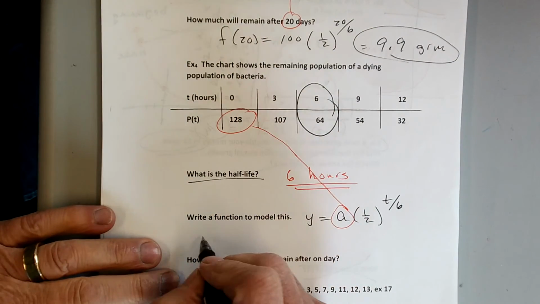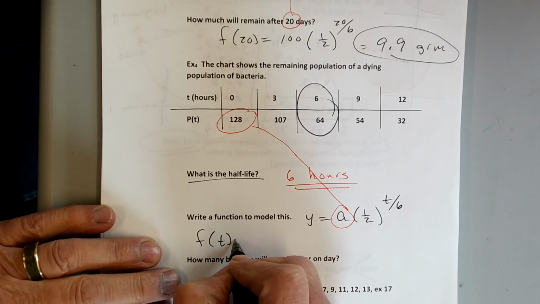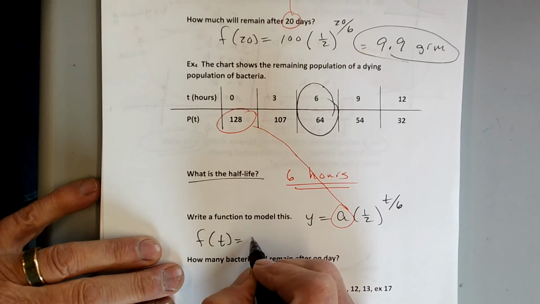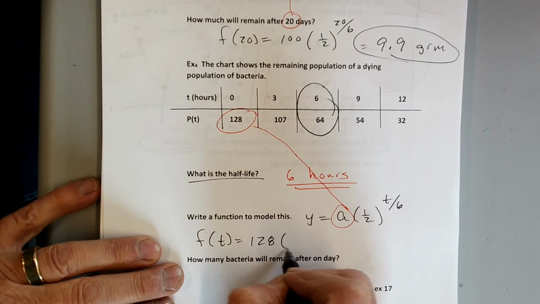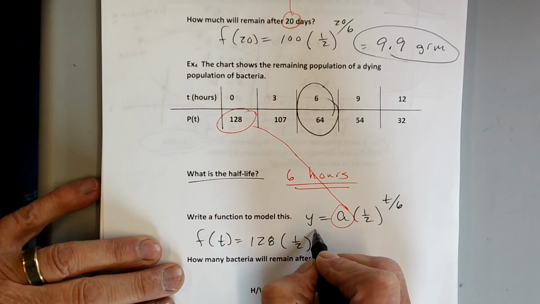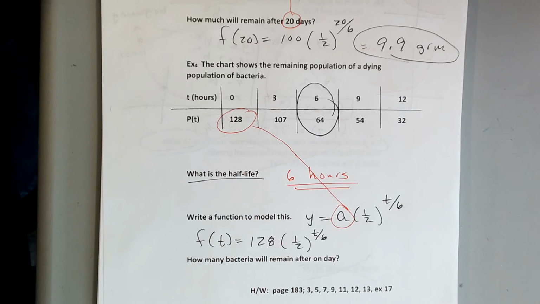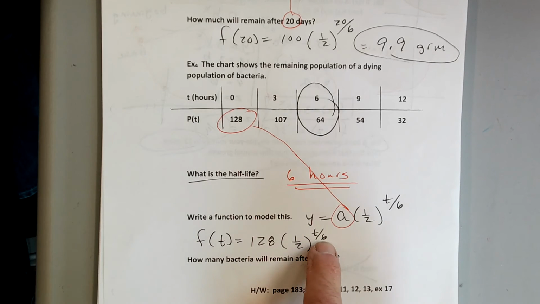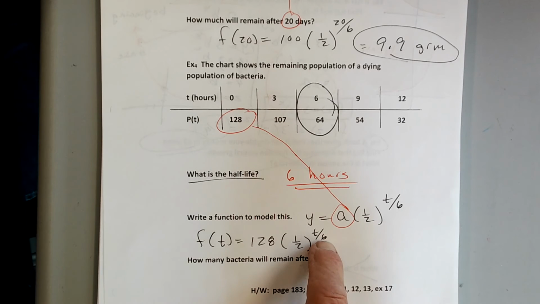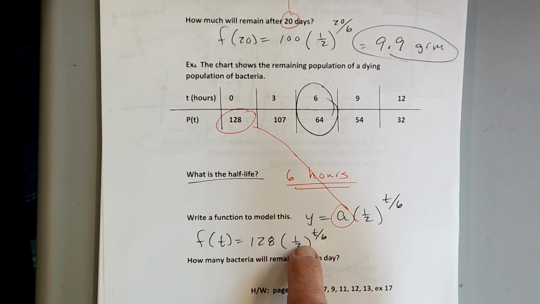I'm going to write it as f of t. I like t because it is a time function. 128 times 1/2 to the t over 6. There's my formula. We start with 128. Every 6 hours, thanks Spencer, we have half of it. You okay with my formula?